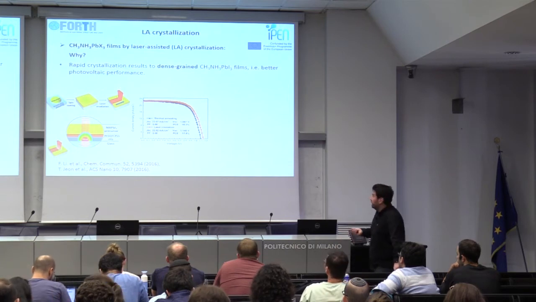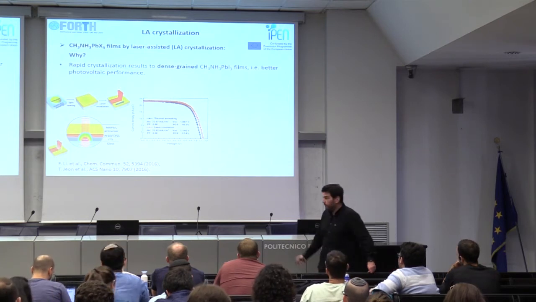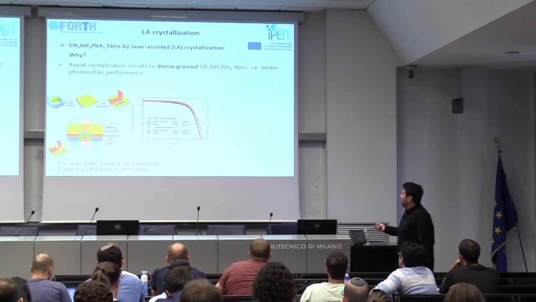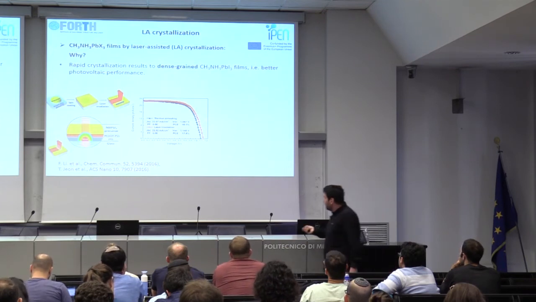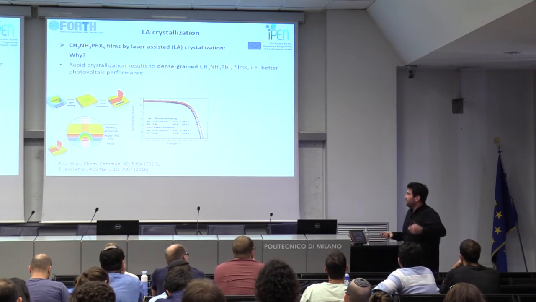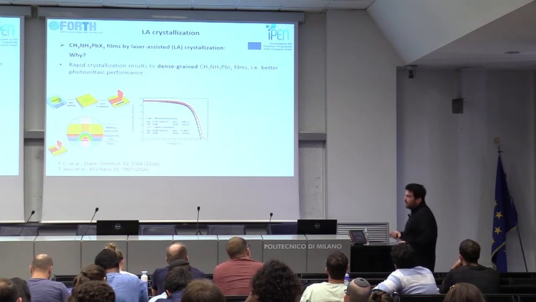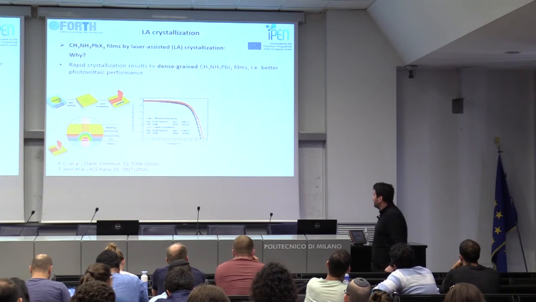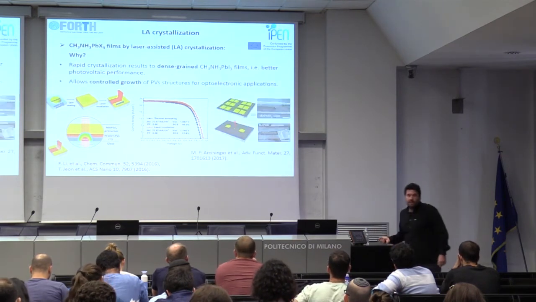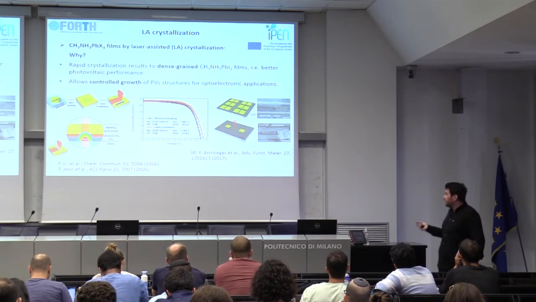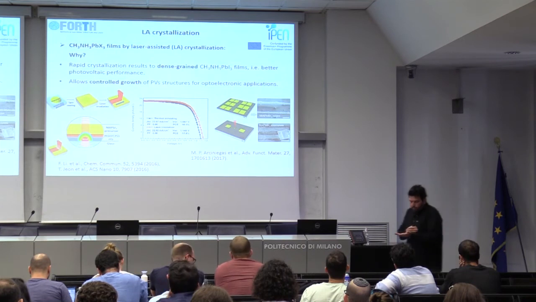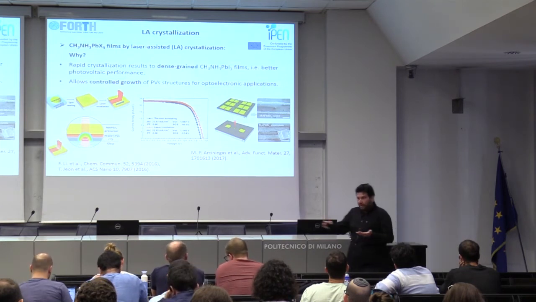The main advantage of this is that you can do it very rapidly. You can do it, let's say, in a few seconds. And not only can you do it very rapidly, but the first reports show that you can have perovskite crystals of better quality, more dense, and with larger grain sizes. And the second important advantage is that when you have the precursors and you heat them, you create the perovskite film over the whole area.